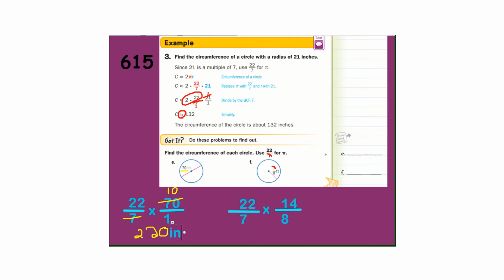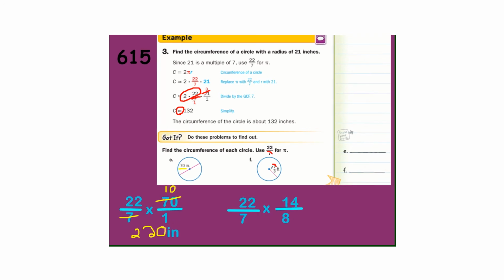For letter F, you are given the radius, not the diameter. So you have to double this radius, okay? So instead of 7/8, I wrote down 14/8 because I had to double it. Okay, so 22/7 times 14/8. What is 14/7? 2.